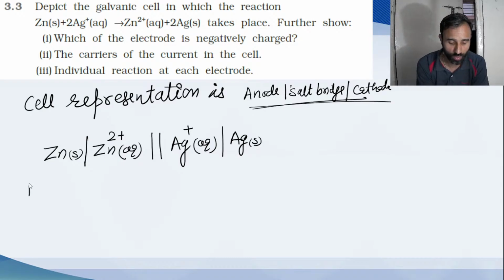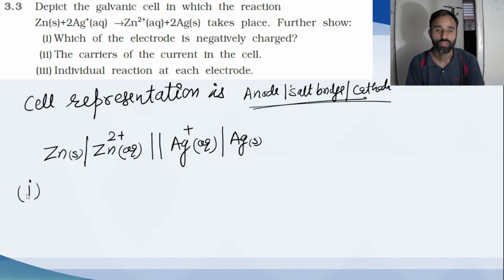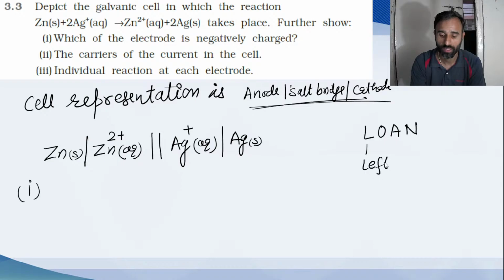Now, the first question is which of the electrodes is negatively charged? So tell me, in an electrochemical cell we use this term, LOAN. What do you mean by LOAN? Left, oxidation, anode, negative.